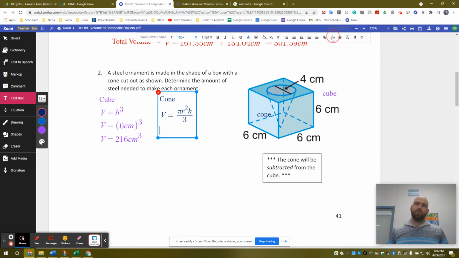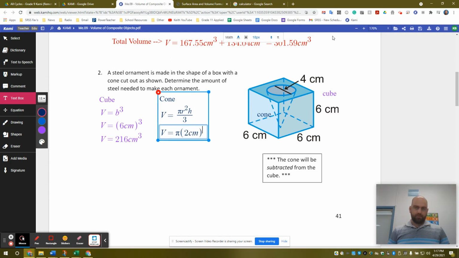Now something about this cone that you might notice is I haven't actually given a height for this cone. Okay. Our radius is 2 centimeters, due to the diameter being 4. If we're not given a height, we're going to assume that it goes all the way through, so it's going to be the full 6 centimeters. Divide that by 3.